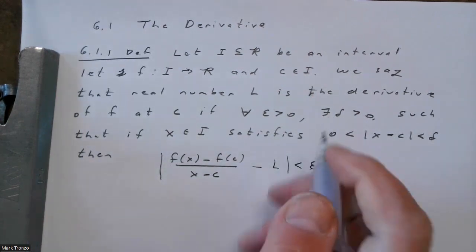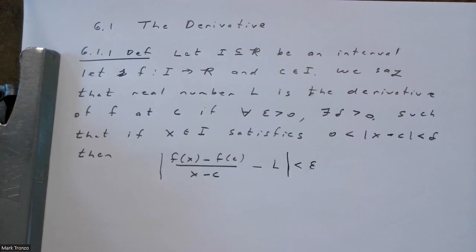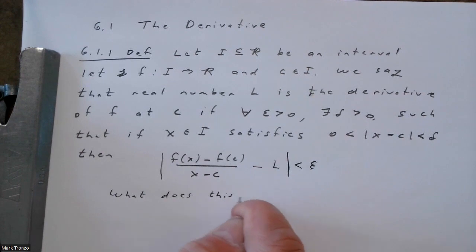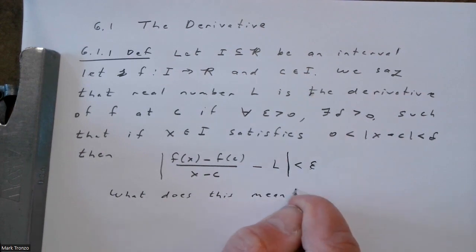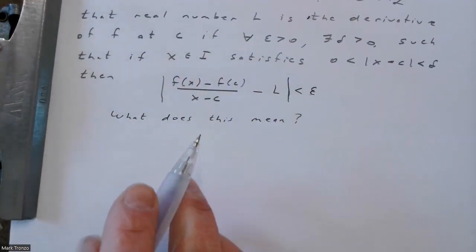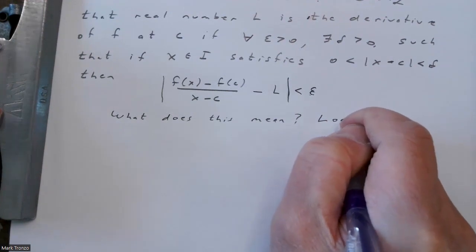And we can see how we get this from calculus. So if we kind of work backwards, what does this mean? You can say, okay, this almost looks like the limit, huh?